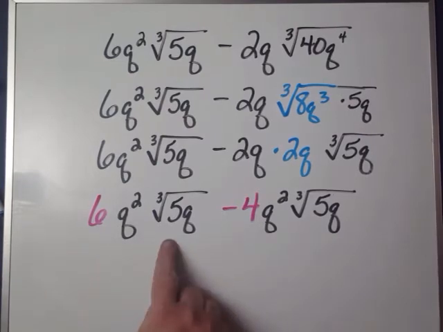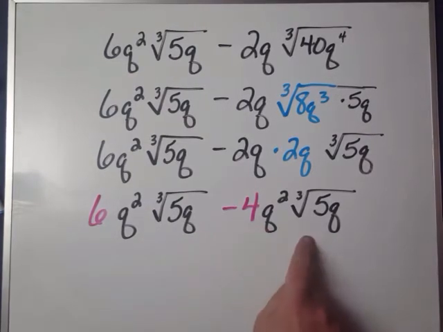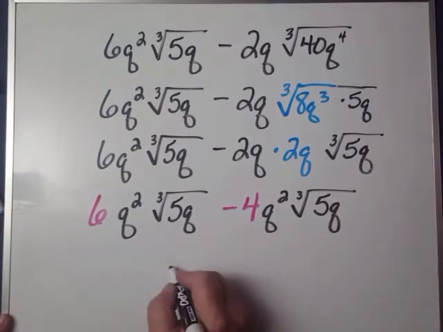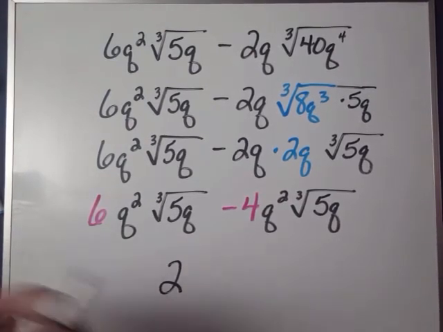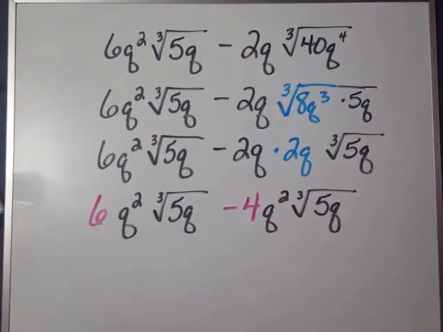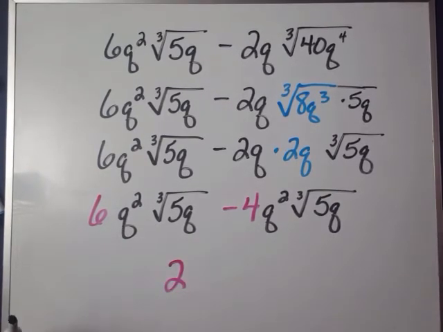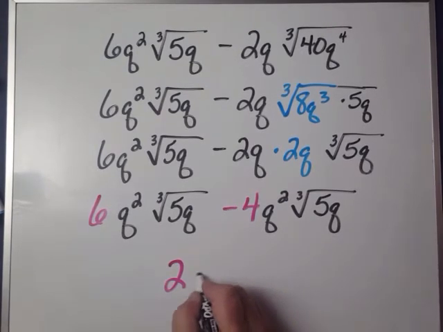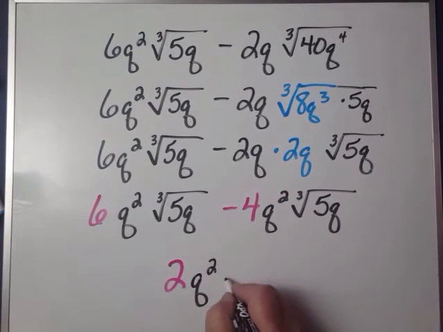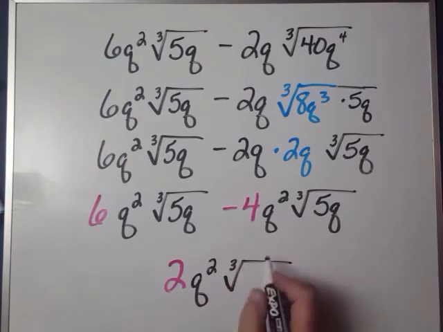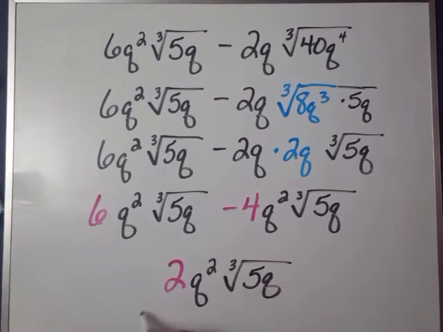We have 6 of them minus 4 of them, a difference of 2. Let's go ahead and make that pink, just to keep track of what we're doing. A difference of 2 of them. 2 what? 2 q squared cube roots of 5q.